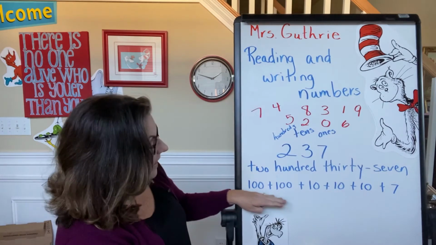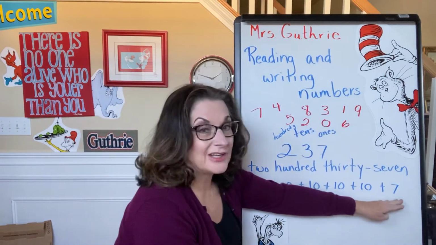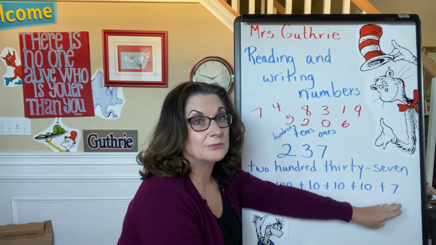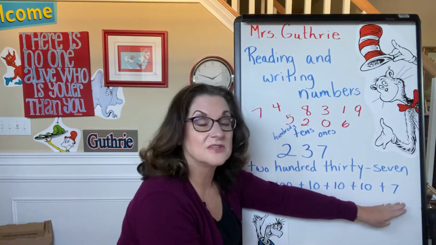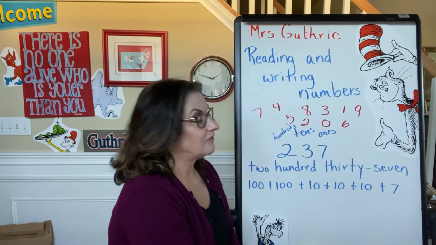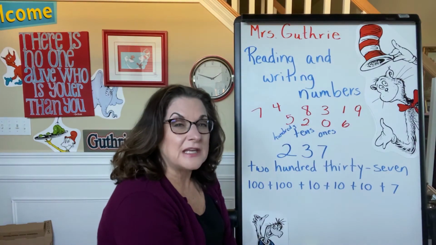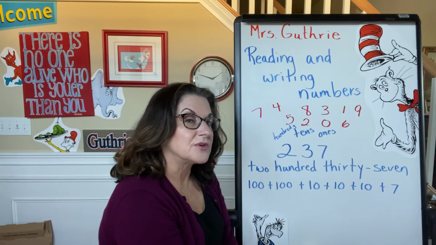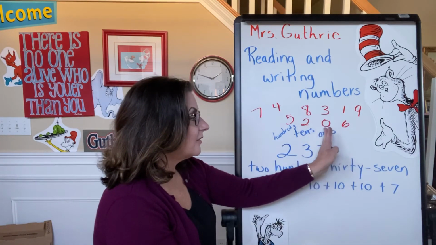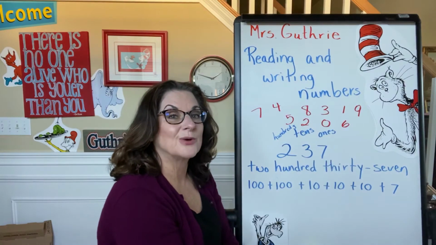So I've written my hundreds out, my tens out, and I could actually say 1 plus 1 plus 1 plus 1 plus 1 plus 1 plus 1. I could do 7 ones, but I put the 7 there for 7 leftover ones. So when we're thinking about numbers, numbers have value, and the way we give our digits value is that we put them in the correct place.